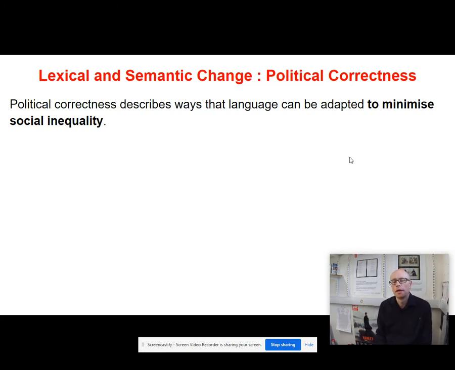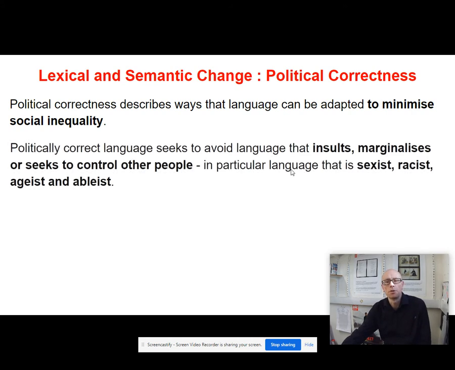And it's the idea that people from up above can encourage others to use language, and that will minimize social inequality. And what it tries to do is to avoid language that insults, language that marginalizes, language that seeks to control other people.